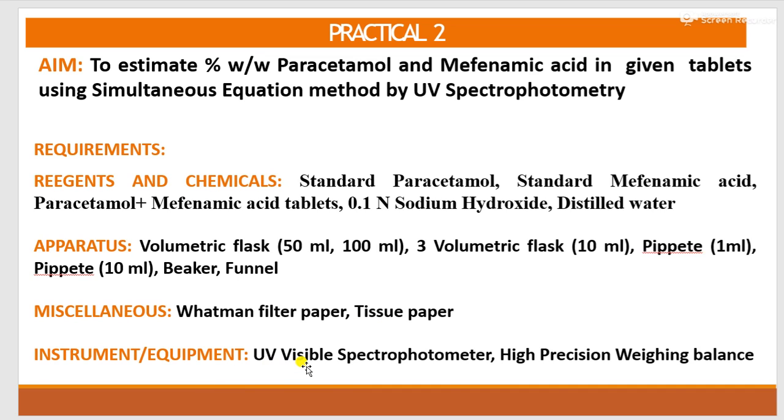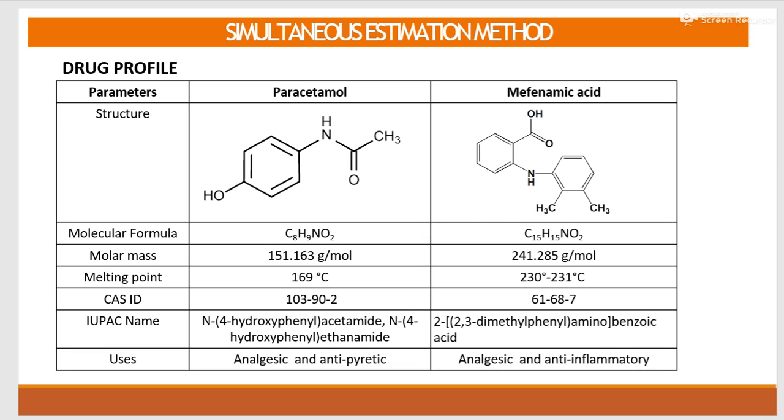Instruments: you require a UV visible spectrophotometer and a high precision weighing balance. This slide depicts drug profiles of paracetamol and mefenamic acid: structure, molecular formula, molecular mass, melting point, CAS number, IUPAC name and use.